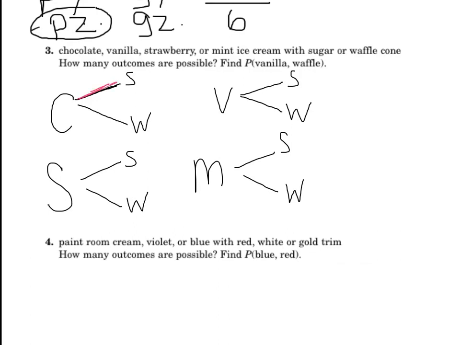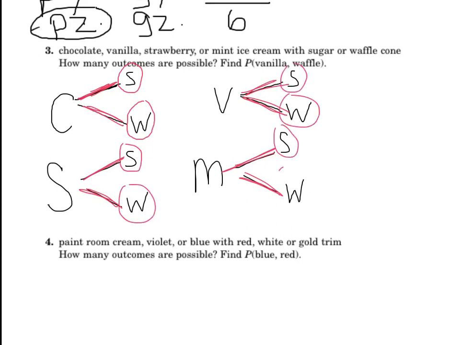You count the branches. There's 1, 2, 3, 4, 5, 6, 7, 8. Okay? And really, it's not just the branches that you count, it's the ends of the branches. That should be 8.